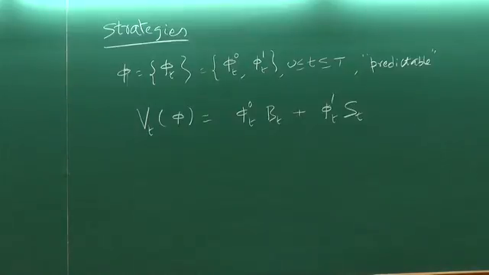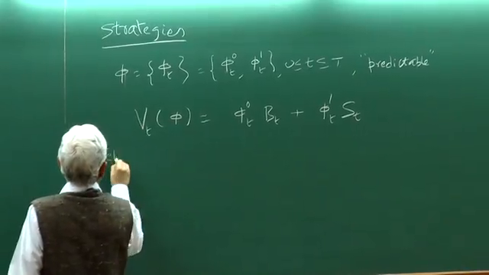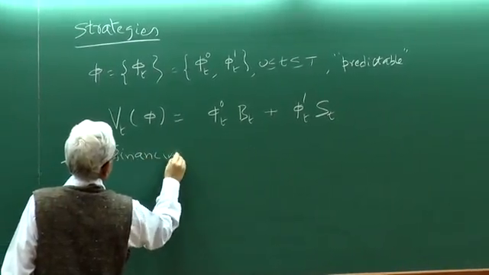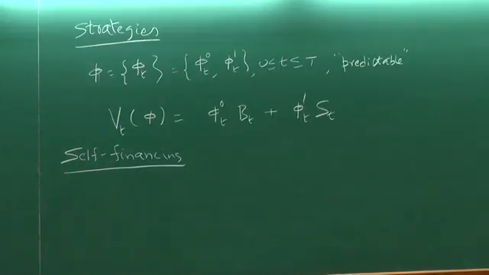Then what is the next thing we have defined in strategies? Self-financing. In a self-financing strategy, we have said that a strategy is self-financing only when the value of the portfolio at any time is equal to the initial endowment plus the gain.